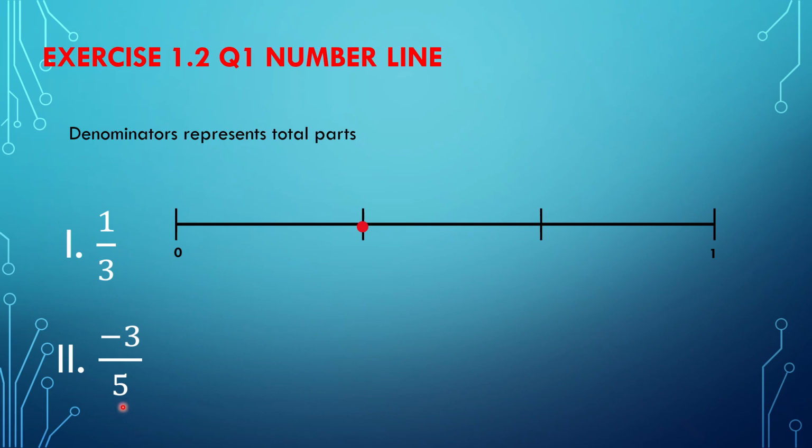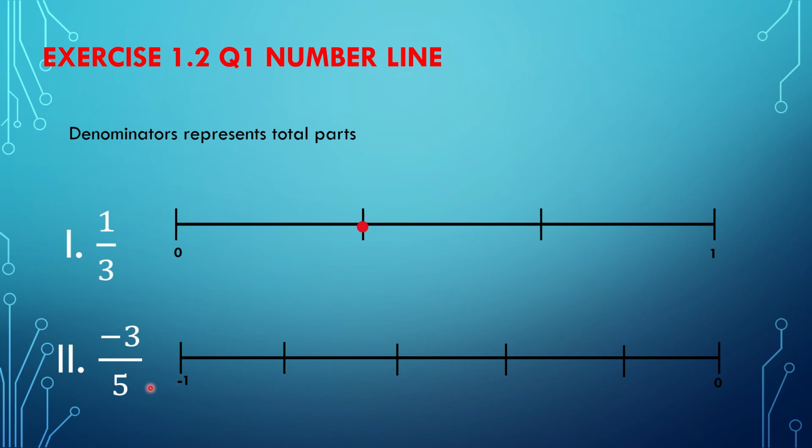Now look at another rational number, that is minus 3 over 5. This minus sign, or negative sign, is representing that here are negative integers, and the total parts are 5. So if they are negative integers, we will start from here, 0 to minus 5, representing all the negative integers.